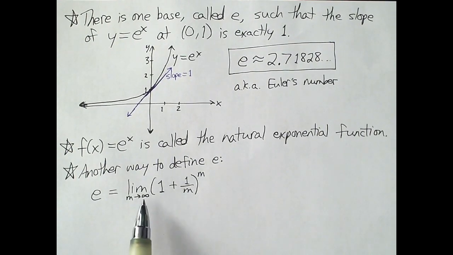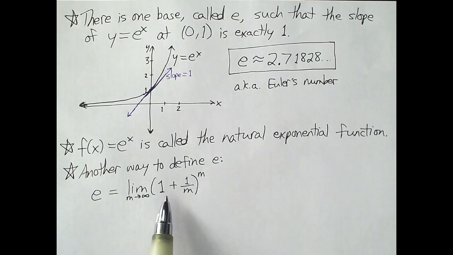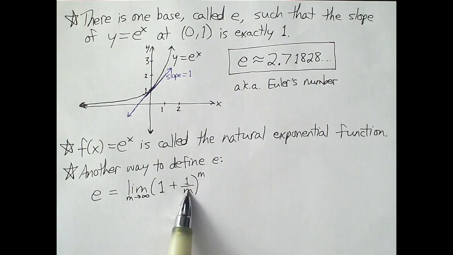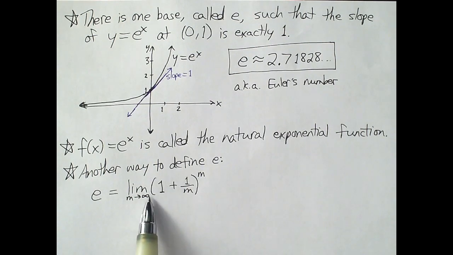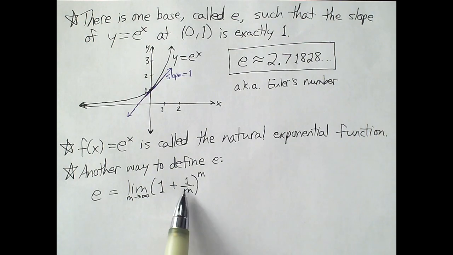As m goes to infinity, the part in parentheses, 1 plus 1 over m, looks like it's getting closer and closer to just 1, because the 1 over m becomes insignificant: 1 over a million, 1 over a billion.